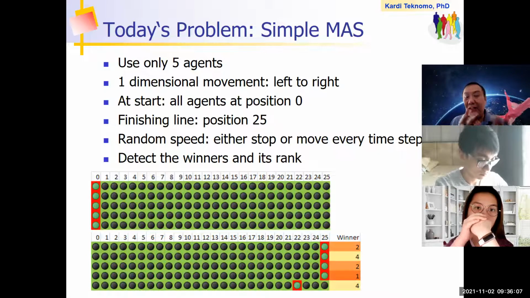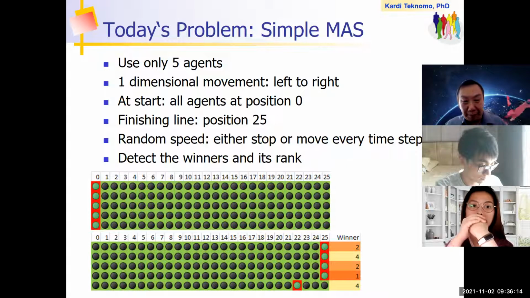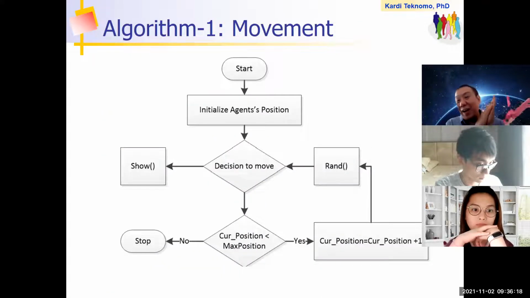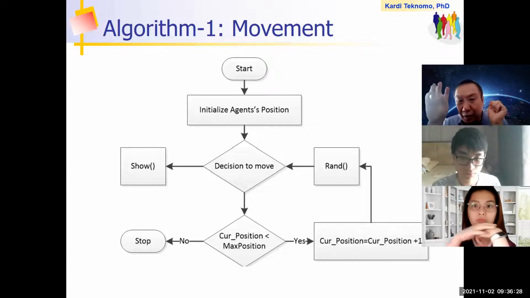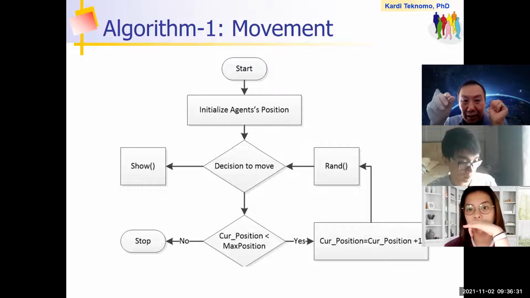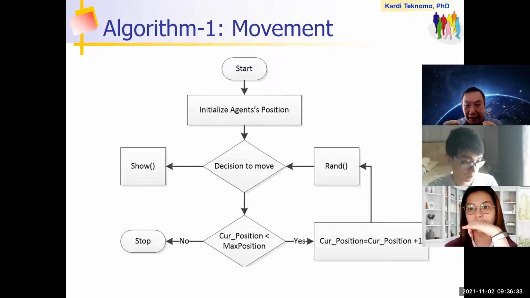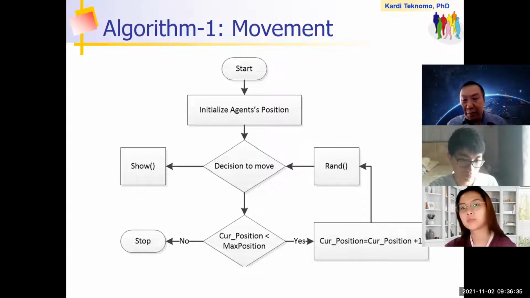And the speed is just random, either stop or move. And then we will detect the winner by the rank, who finishes first. Okay, the algorithm behind it: first you initialize, then you create what is called the decision to move, based on a random number. Then you check if the current position is already the maximum position, which is 25, or not.